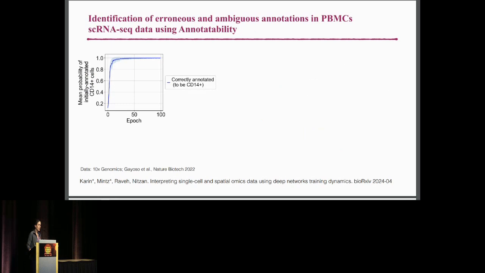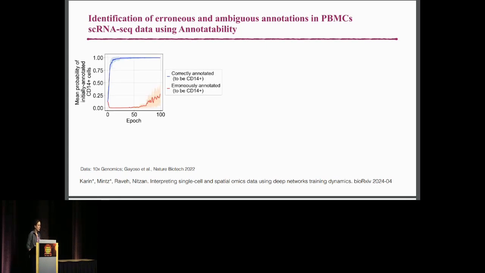If we look at single-cell RNA sequencing data of PBMCs, and look on the y-axis at the mean probability of these cells being assigned to their original annotations, the correctly annotated cells would have this easy to learn behavior that I told you about before. The model would predict them very quickly and very robustly.